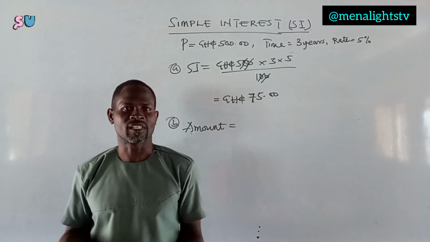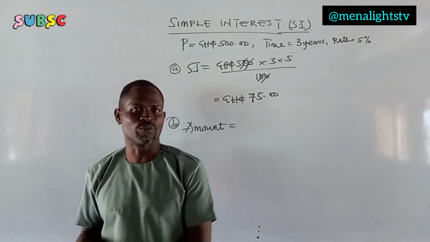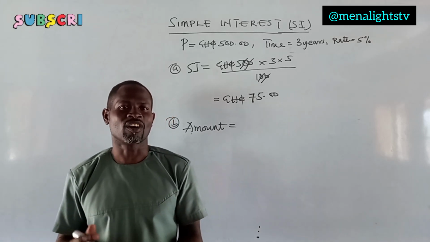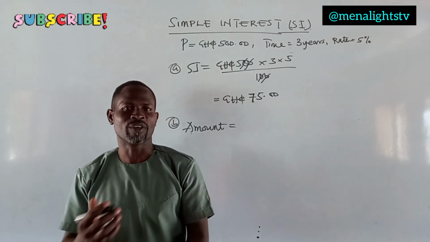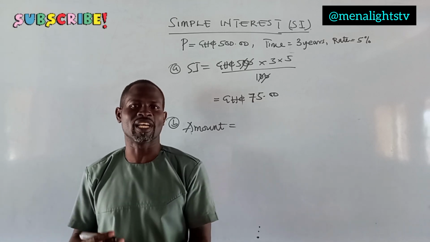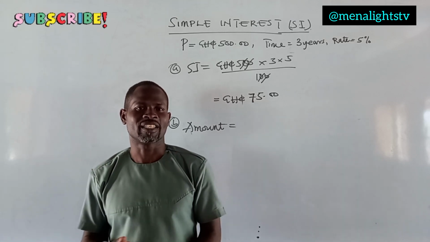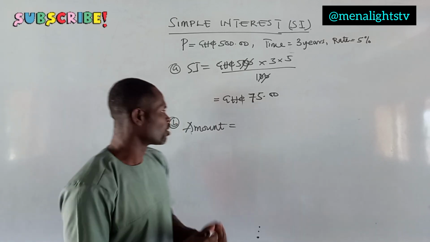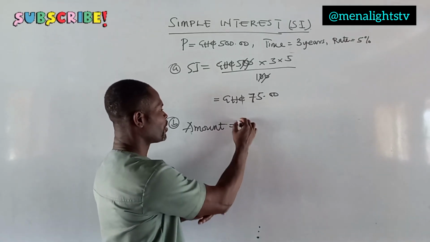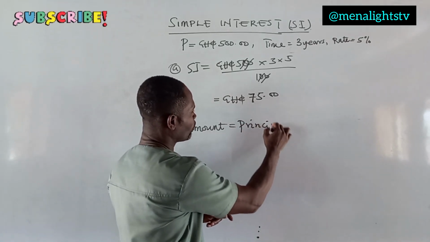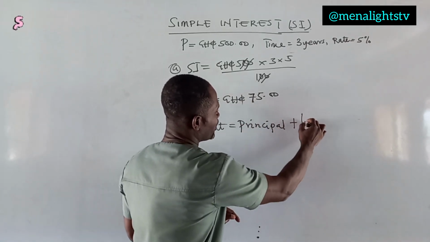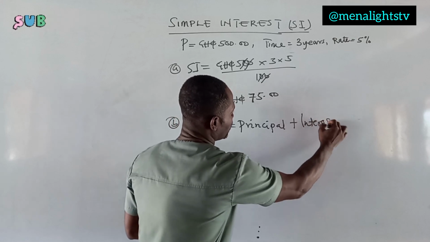To find the amount, it is the principal plus the interest, because the principal is the amount of money that you borrow, and when you are going to pay, you have to pay the interest in addition to the principal that you took. So the amount is principal plus interest.